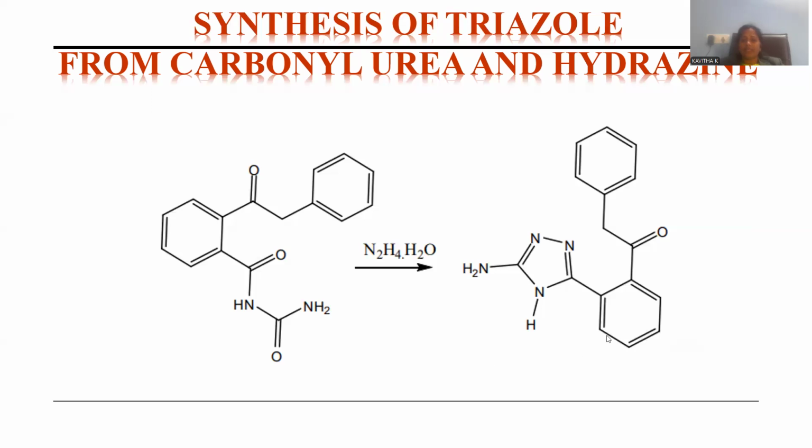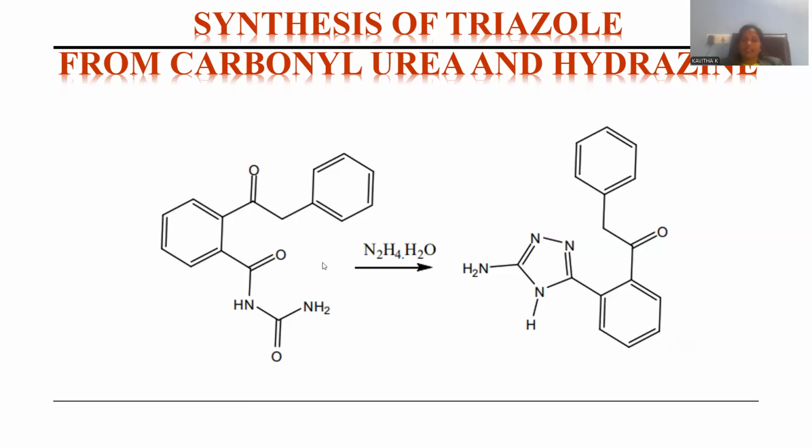Whatever functional groups we have, the benzene ring and the CH2 remain as such. The things which participated in the reaction are this ketonic functionality, which is active in the condensation reaction with hydrazine initially, and later the ring cyclization with this carbonyl functionality, right? Initially, hydrazine will condense with this carbonyl functional group.